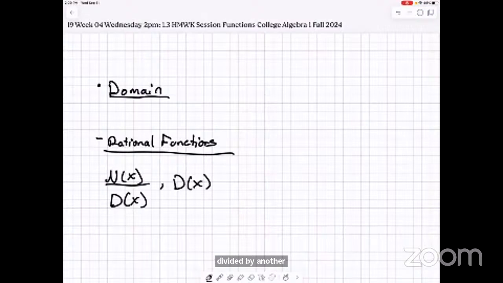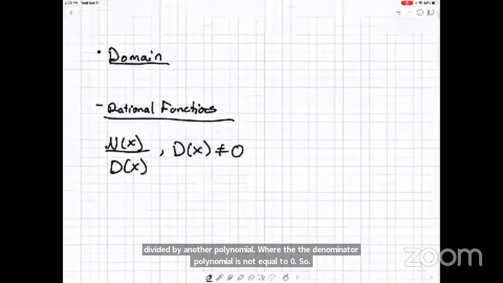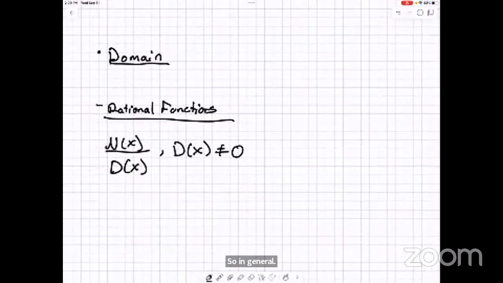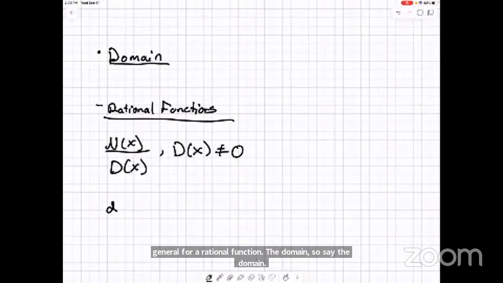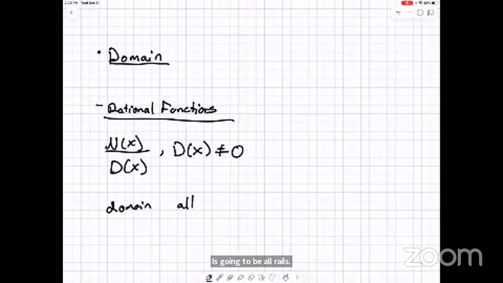So in general, for a rational function, the domain is going to be all reals, so all real numbers. Sometimes you'll see me abbreviate that symbol like this.